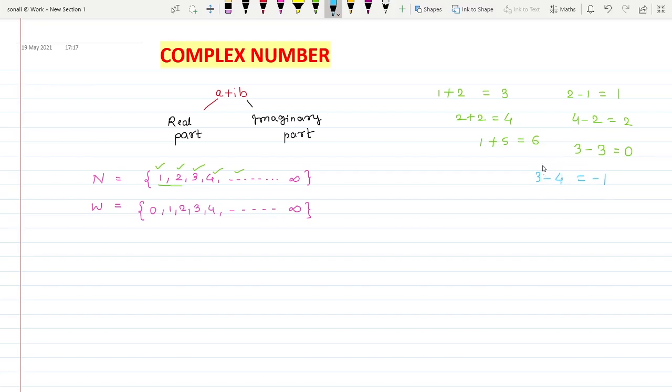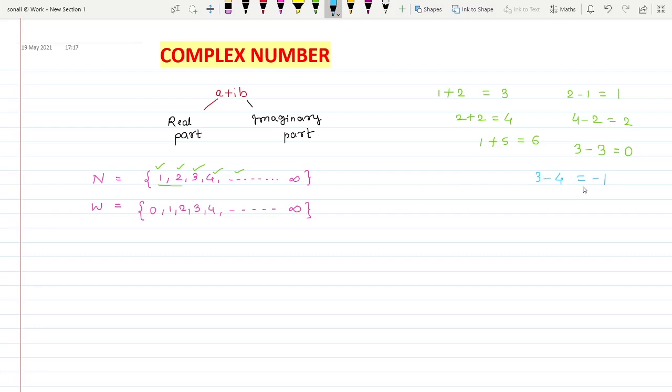And this is a subtraction, because 3 has a plus sign and 4 has a minus sign. Both the signs are opposite, so you have to do the subtraction. So your result is minus 1, it is negative. But as you can see, your set of whole numbers does not contain any negative number, right?